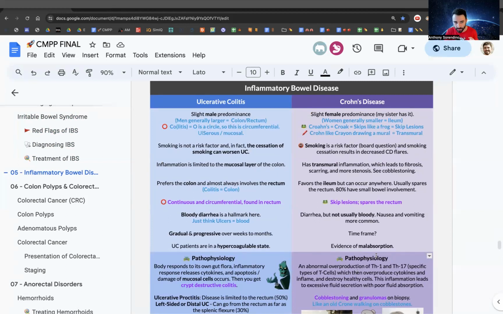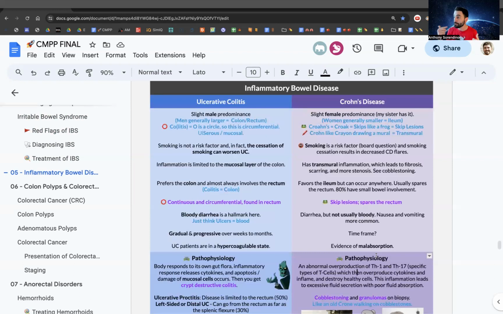This is going to be your skip lesions. The word ulcerative in colitis, I think of ulcerous, kind of like a serous mucosal membrane. It's going to be a mucosal issue. Crohn, I think of a crayon drawing a mural. Crohn, crayon, drawing, transmural. This big mural, it's going to be a transmural issue.